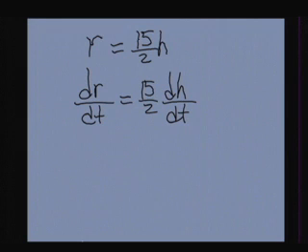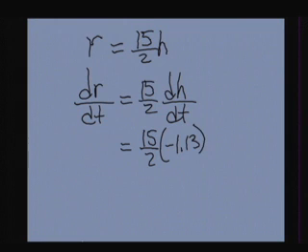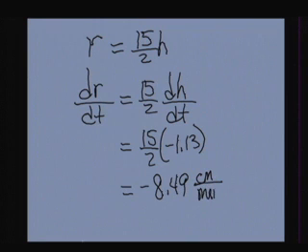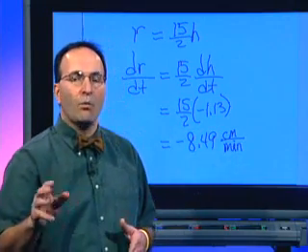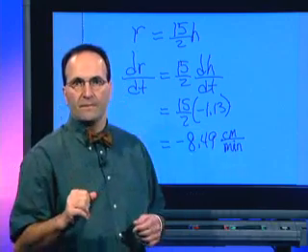And dh dt is what we just calculated in the previous section. So it's 15 halves times negative 1.13. And that gives us an answer of negative 8.49 centimeters per minute. So that gives us both the rate of change of the height of the water as well as the radius.